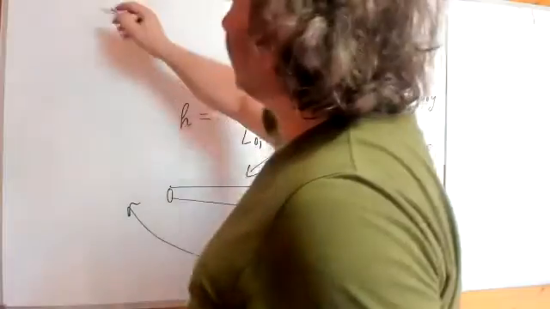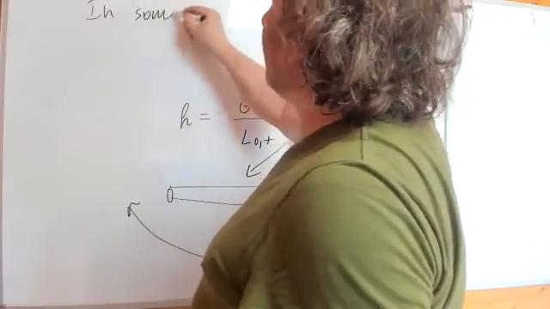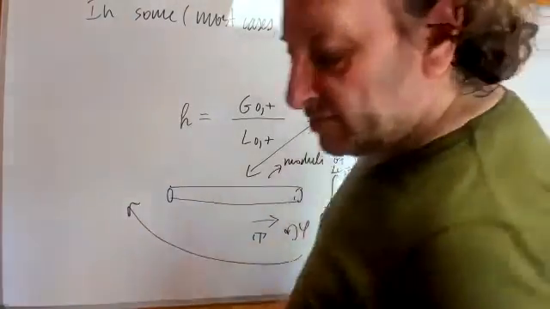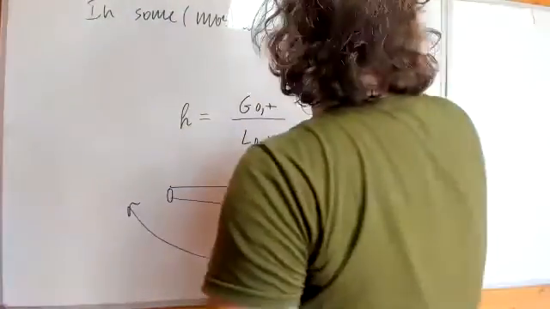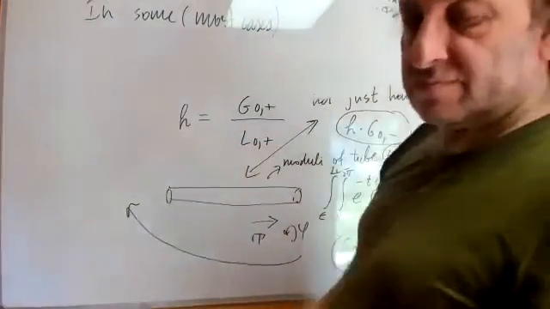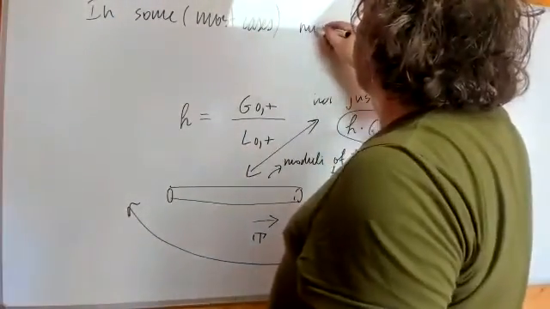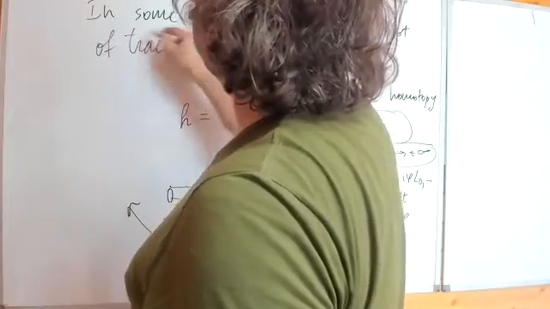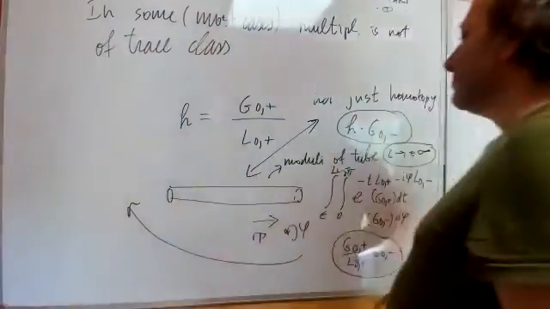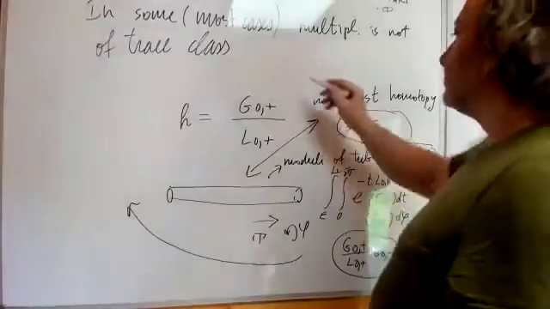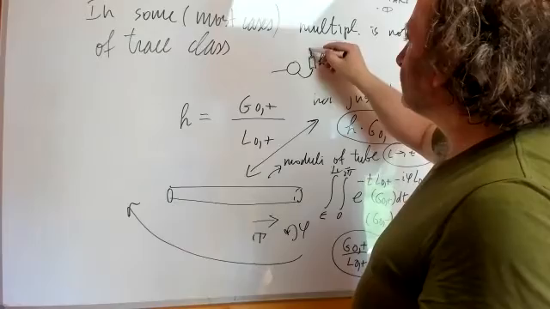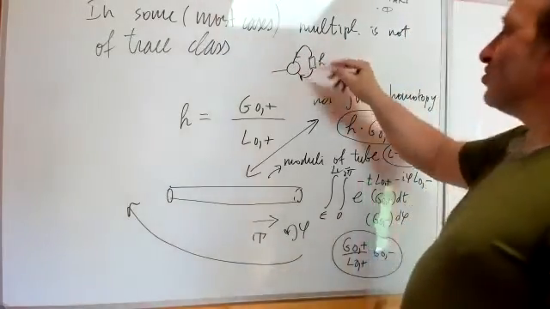It is because in some, actually most cases, multiplication is not of trace class. So what could be this?